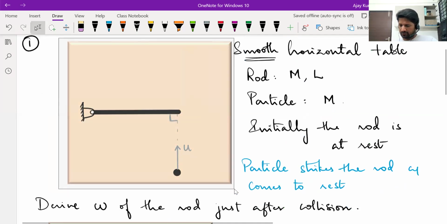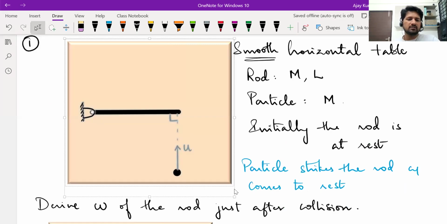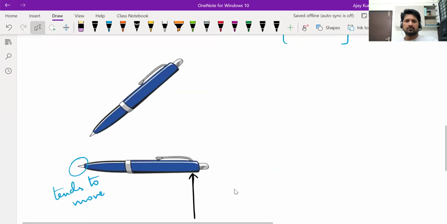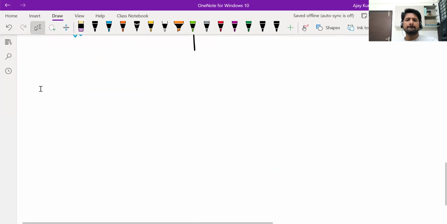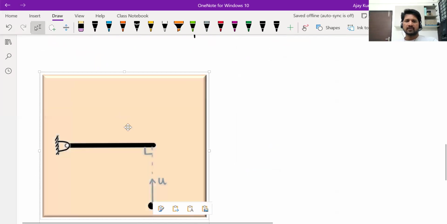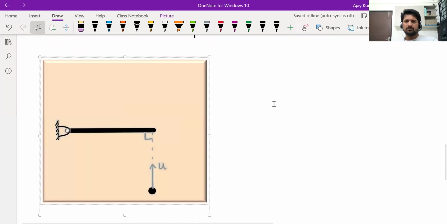Yusuf, tell me, before collision, which part of the system was moving? Which object of this system was moving is my question. So the free end. The rod was at rest before collision.